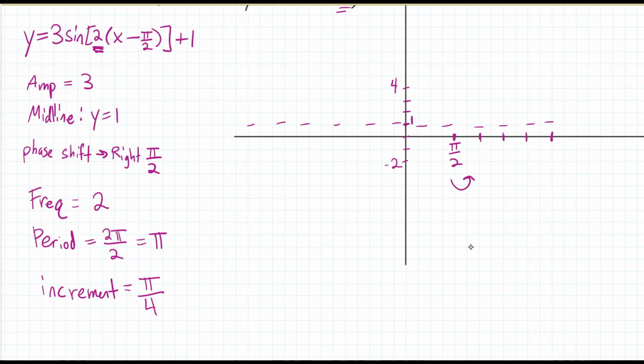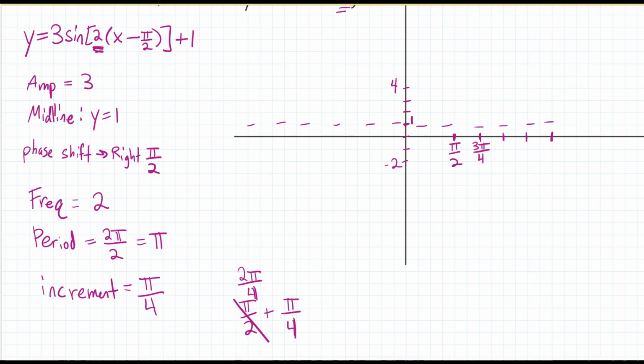To find out what those next ones are, I would just take pi over 2 and add to it pi over 4. Now, it's helpful to think about these as equivalent fractions. So rarely would I think about that as pi over 2. I would think about that as 2 pi over 4 in this case. So my next tick mark would be occurring at 3 pi over 4, right? 2 pi over 4 plus pi over 4.